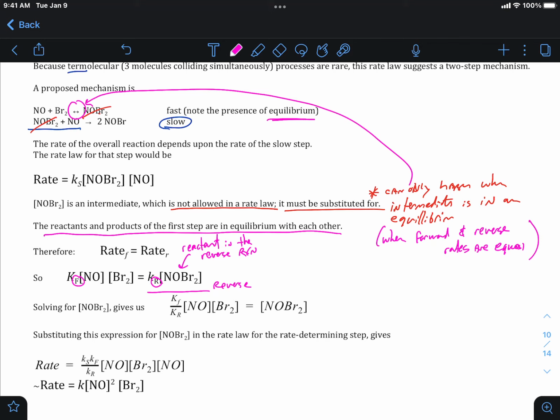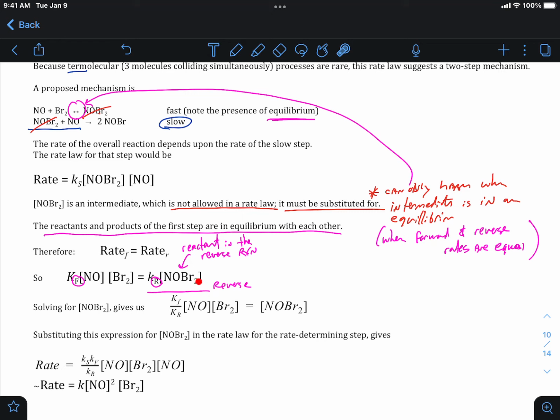Okay, so because the forward rate and the reverse rate are equal to each other, we set the two rate laws equal to each other. And now what we're doing is we just manipulate this and we solve for what the concentration of NOBr2 would be. And so to do that, all I need to do is divide both sides by Kr. So this represents mathematically what the concentration of NOBr2 would be equivalent to.